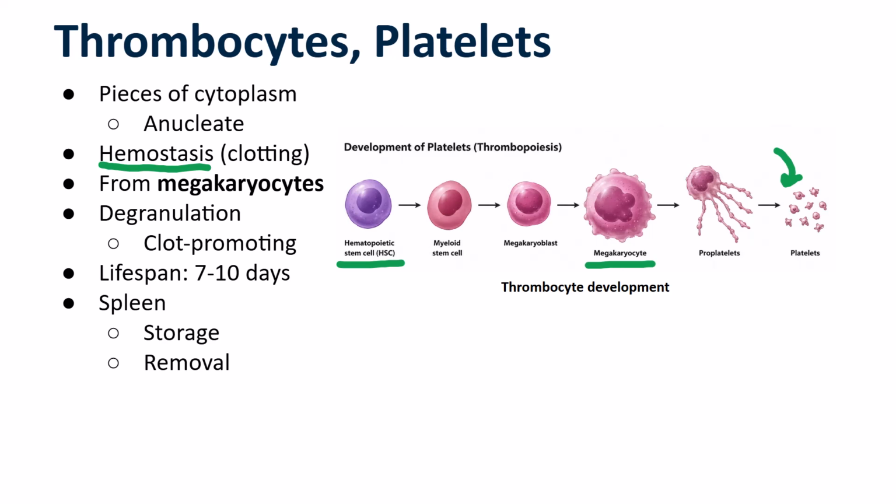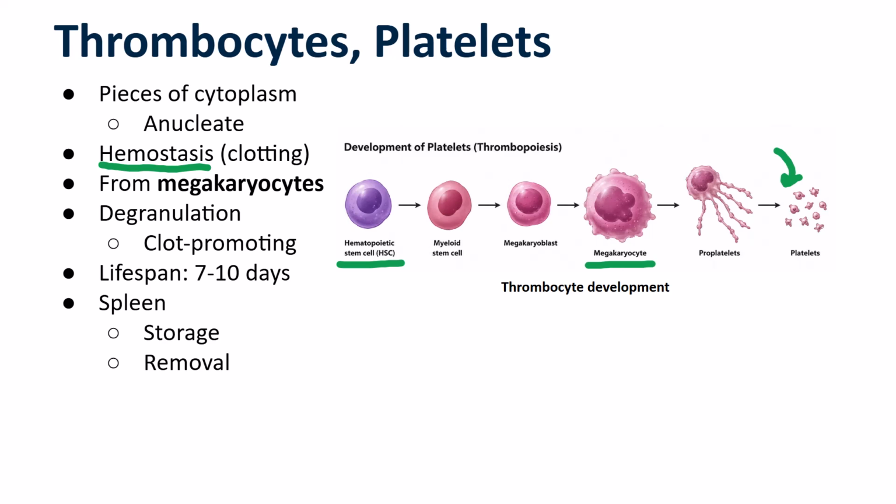In fact, generally a week to 10 days is all that they will live within the blood before being recycled by the spleen. The spleen is an organ of the lymphatic system. It exists in the left upper quadrant, and it has a major role in the storage and ultimately removal of thrombocytes from the body.